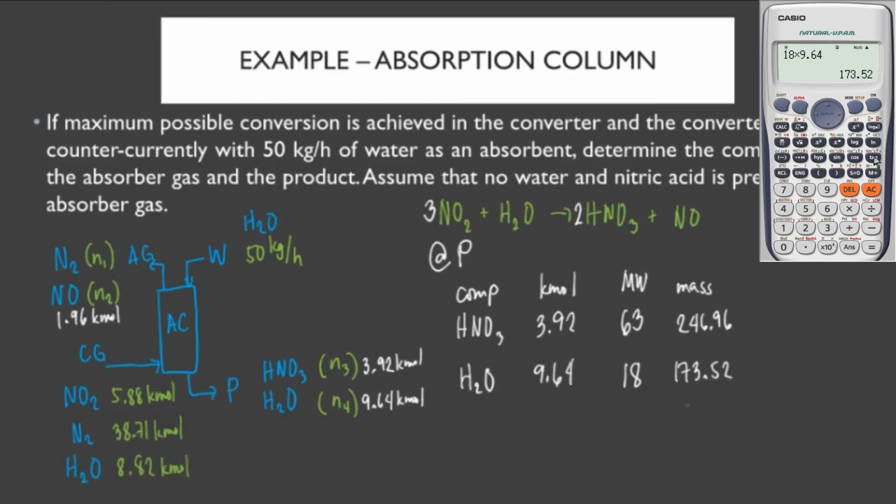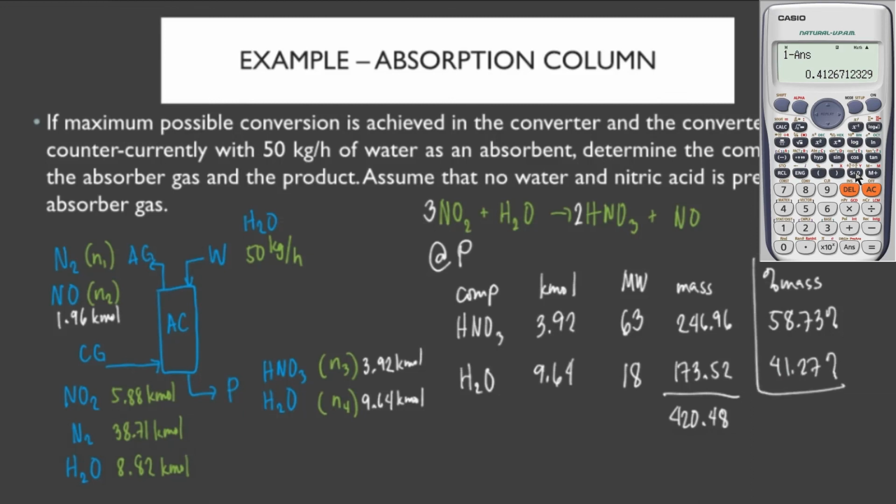The total mass, simply add, 420.48 kilograms. And then from here, we can solve for its percent by mass. For nitric acid, that's 58.73% by weight. And for water, that is 41.27%. This is now the composition of our product.